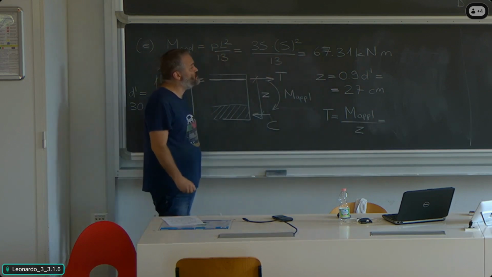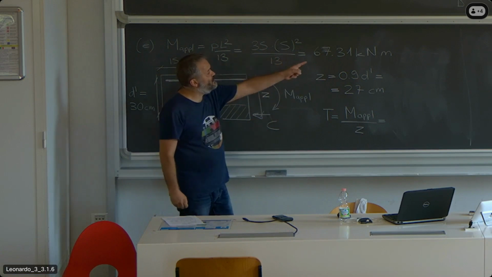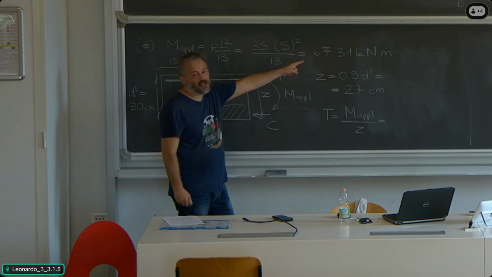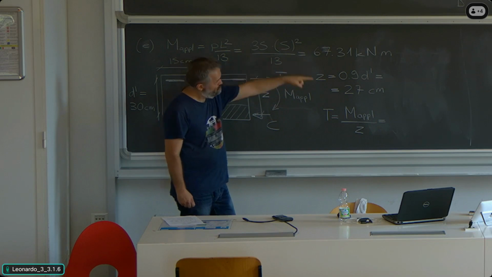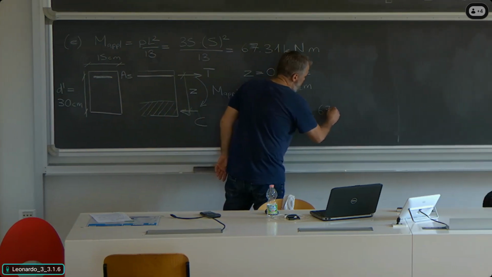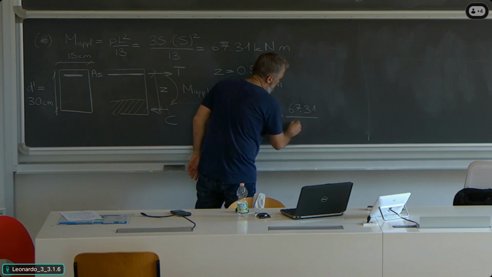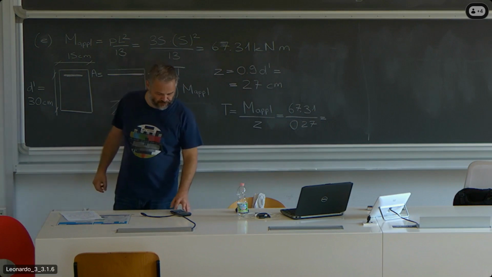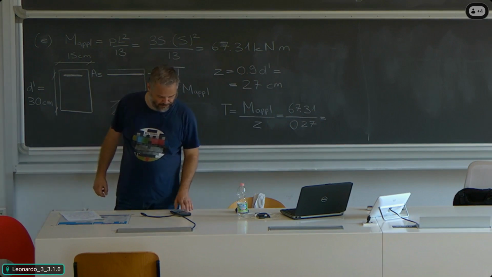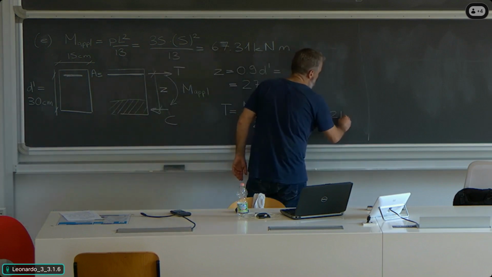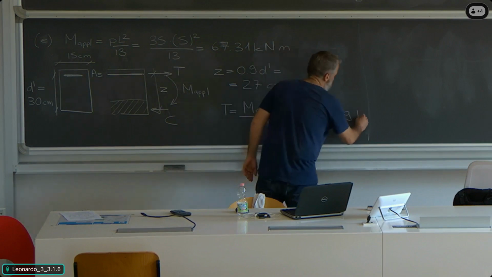Careful with the units of measure. If we want a force in kilonewtons, then we will have to express this bending moment in kilonewton centimeters, or transform the centimeters into meters. So I will do the latter: 767 divided by 31 divided by 0.27. This yields a tension force equal to 249.28. I will round it to 249 kilonewtons.